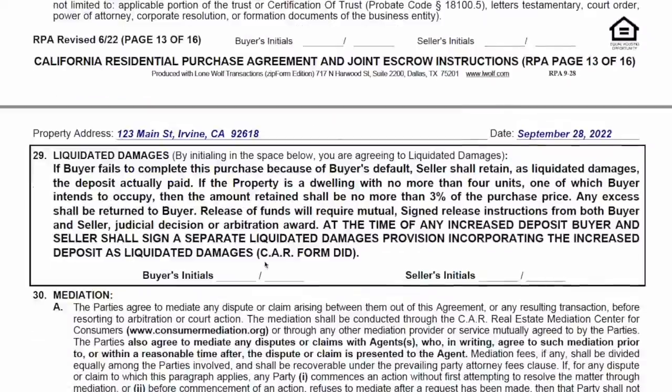More initials. Liquidated damages. The seller can keep up to 3% of the purchase price, which is that deposit that I put up on top, the earnest money deposit, if the buyer breaches. That means basically if the contingencies, all the contingencies have been removed and the buyer still doesn't perform, they could lose their deposit.